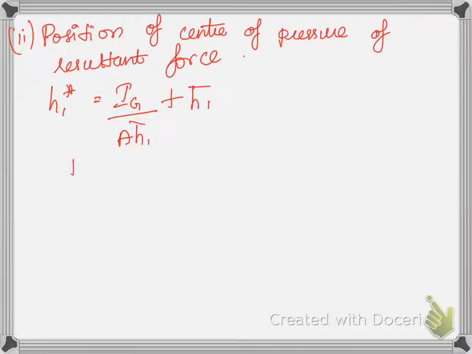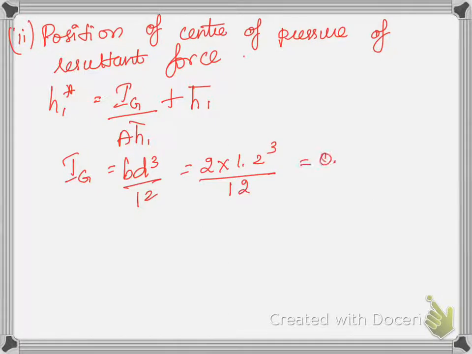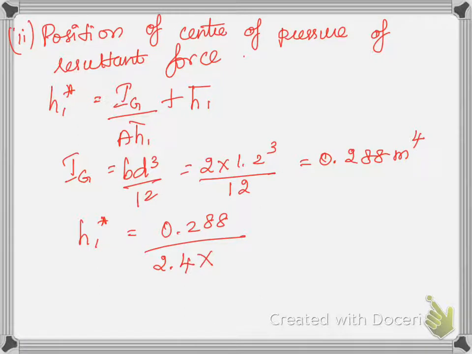Okay. So Ig, which is the moment of inertia, that is BD cube by 12, that is 2 into 1.2 cube by 12, which is 0.288 meter to the power 4. So H1 star will be equal to 0.288 divided by area, which I have calculated already as 2.4, into 2.1, where H1 bar I have calculated as 2.1, plus 2.1.